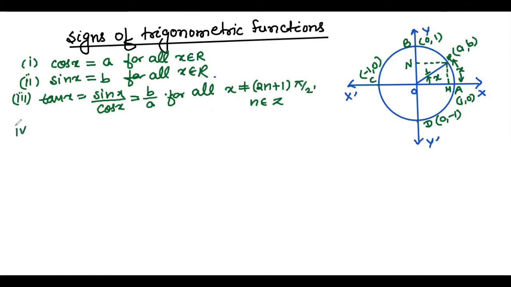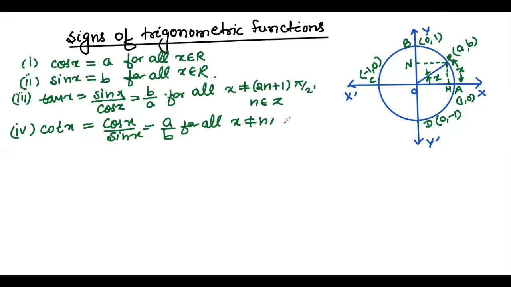Now next one, cot x. Cot x we can write as cos x by sin x. So this is a by b for all x not equals to n pi, where n belongs to integers. And then sec x. Sec x we can write as 1 by cos x, and cos x is a.